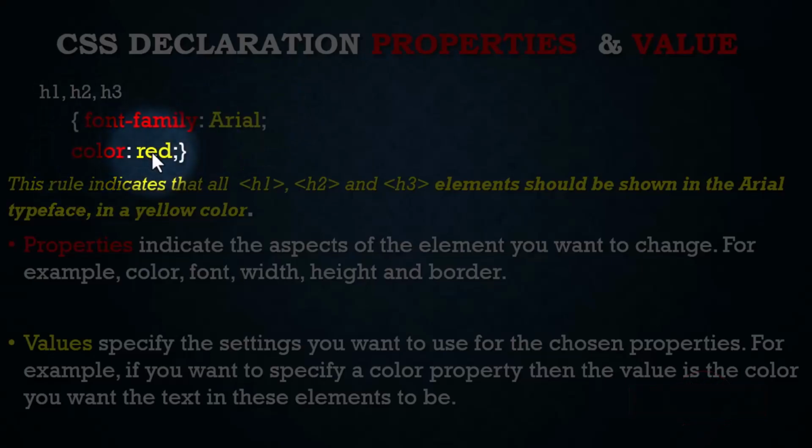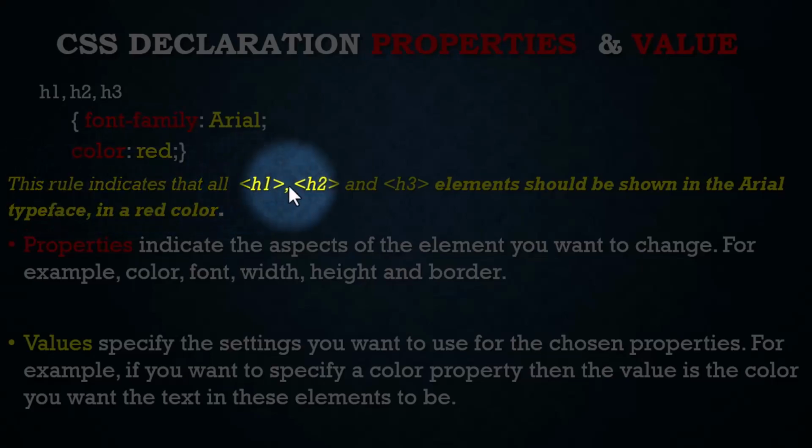It should be in red. This rule indicates that all H1 to H3 elements should be shown in Arial and in red color. I'll give an example where I have used this particular rule.